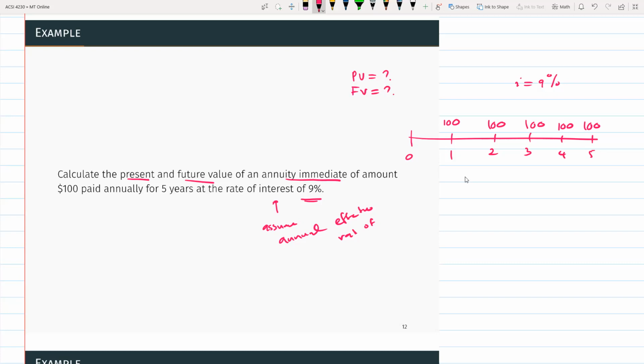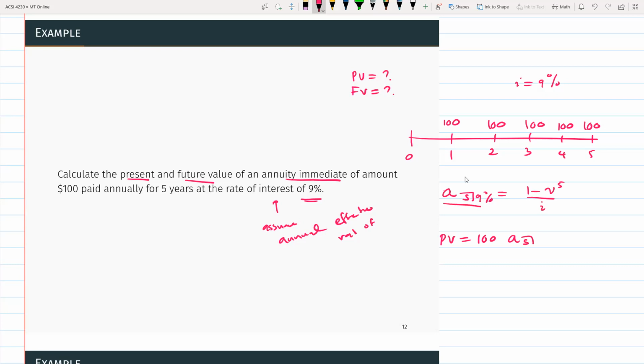So now I can use the formula. If I want to find the present value for 1 unit, what's the formula? This is annuity immediate, so I will use the formula for 1 unit: 1 minus v to the 5 over I. But since it's 100, the present value is going to be 100 times that.